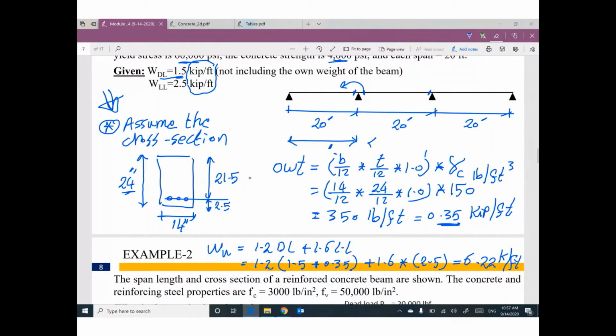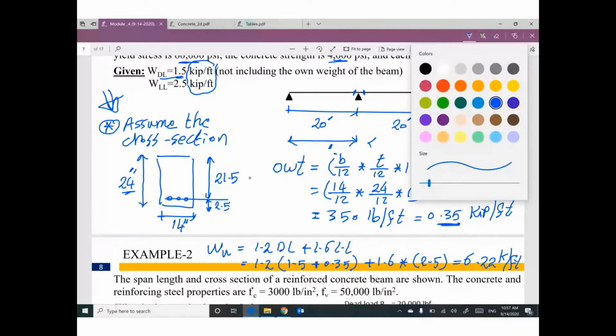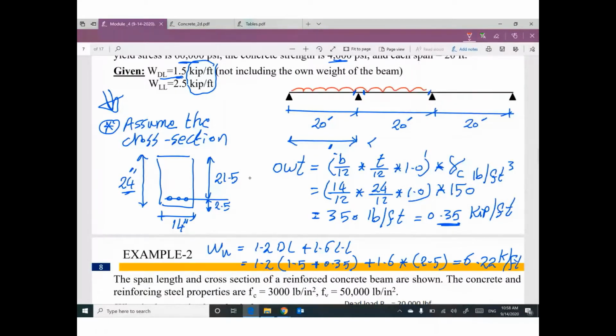So guys, right now I have on this beam a distributed uniform load, W ultimate equal to 6.22 kips per foot.